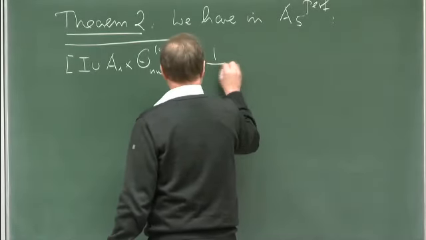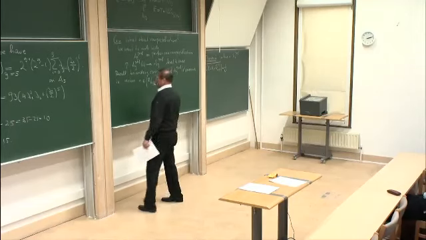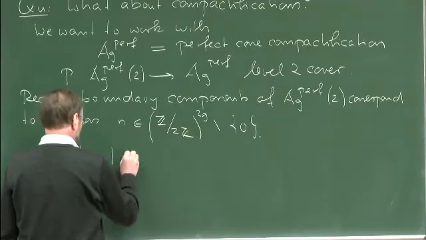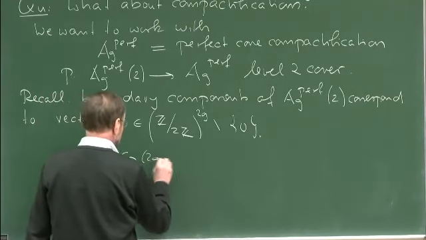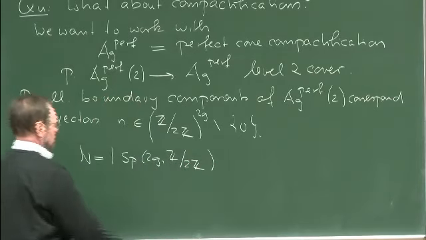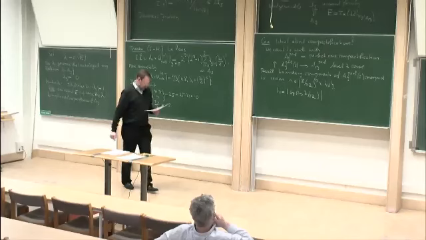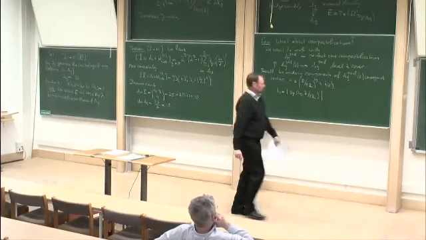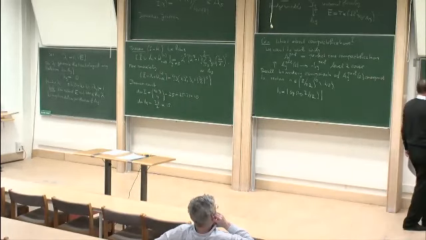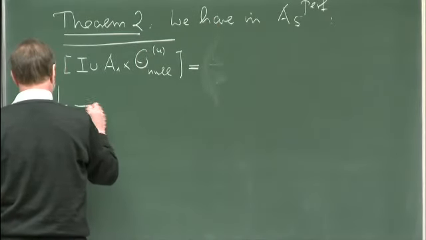This is 1 over N. So I should say what the capital N is. It's the order of the group Sp(2g, Z/2Z). Of course, one can write down an explicit formula for this, but that doesn't matter. Times, well, let me write it like this. It's going to be a bit longer.